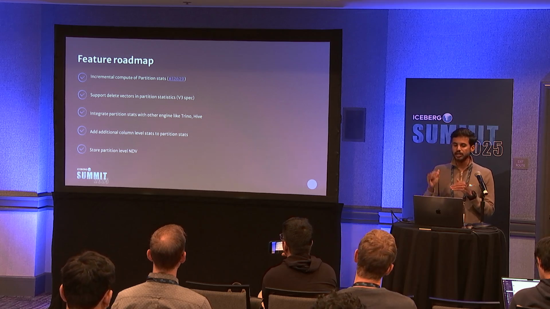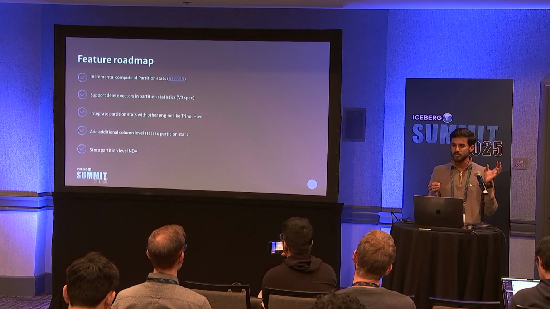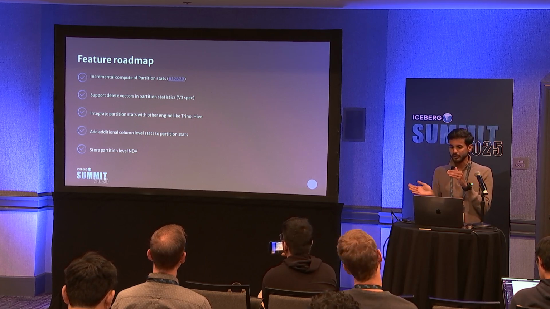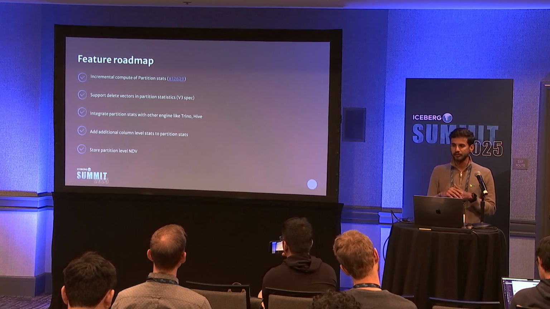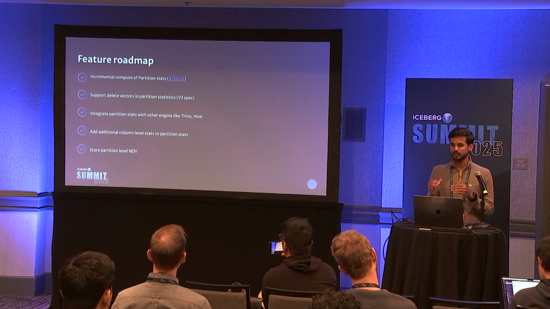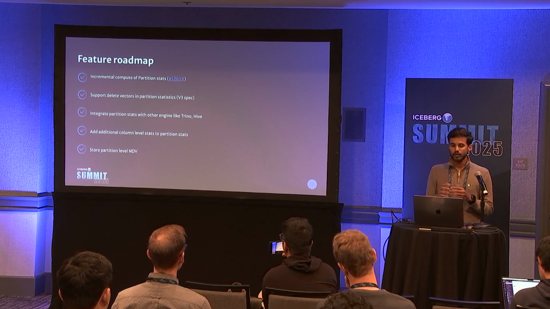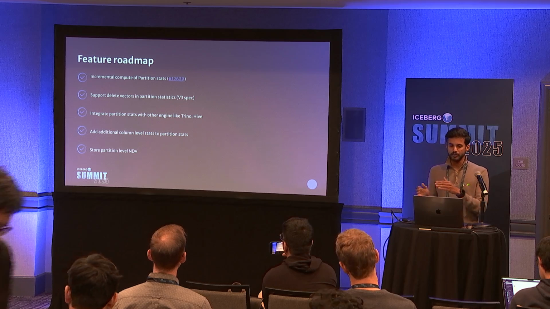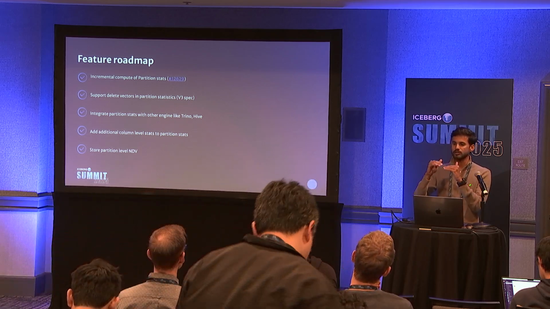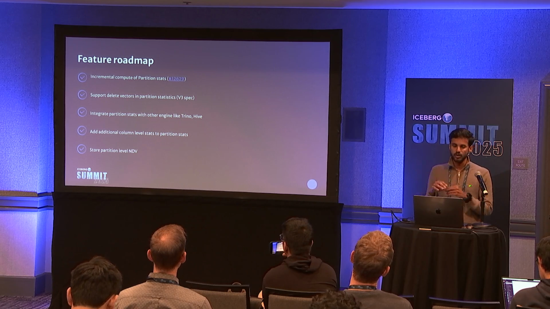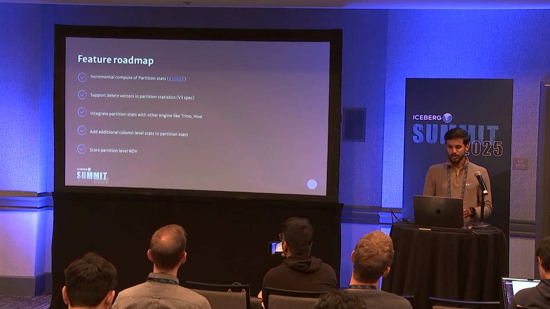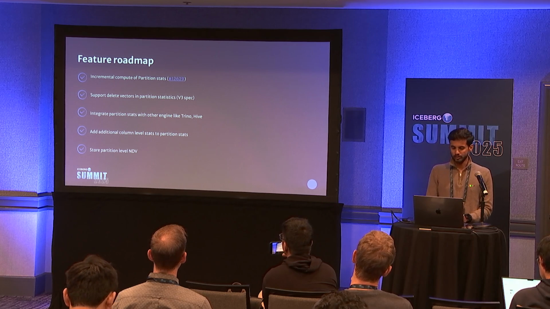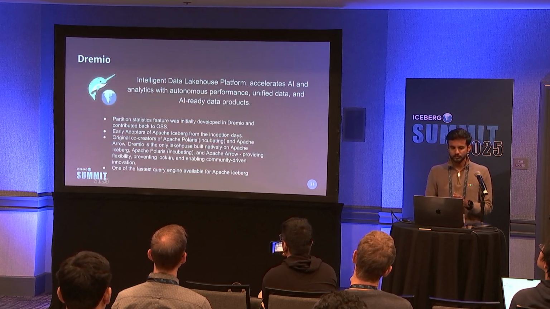Also, we might need an NDV value, like what we discussed with the Puffin files, at each partition level to make better decisions for partition pruning, etc. So we are working on these two proposals where we are going to bring, at each partition level, for each column, the min, max, upper bound, lower bound, and the null count, all those things. These are the things we are excited about and working on in the future roadmap.